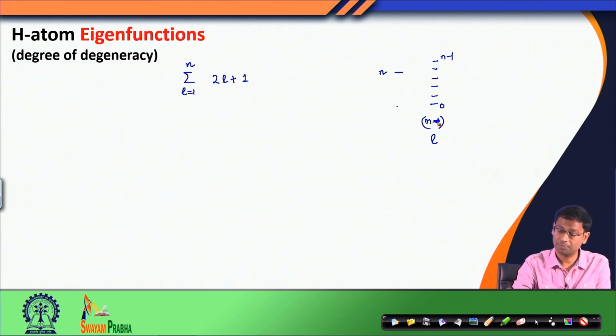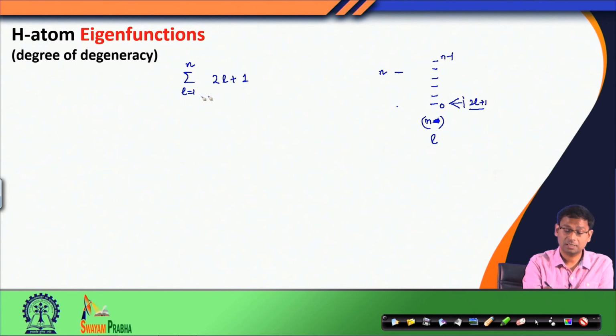So, therefore, the total number of L values are n. So, my sum is now L goes from 1 to n, and for each value of L I have 2L plus 1 number of m values. So, the total number of eigen functions for a given value of n can be obtained from this expression.